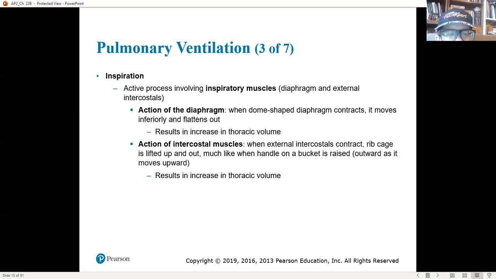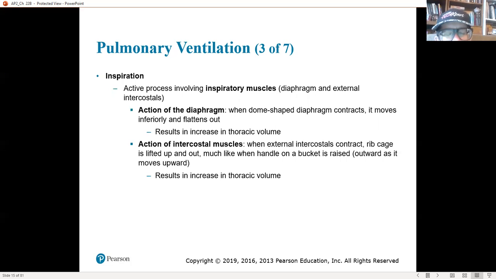So, all right, so inspiration, we have inspiratory muscles, the diaphragm and the external intercostals. And I want to make sure that you understand here, the diaphragm is the only muscle involved in breathing at rest.